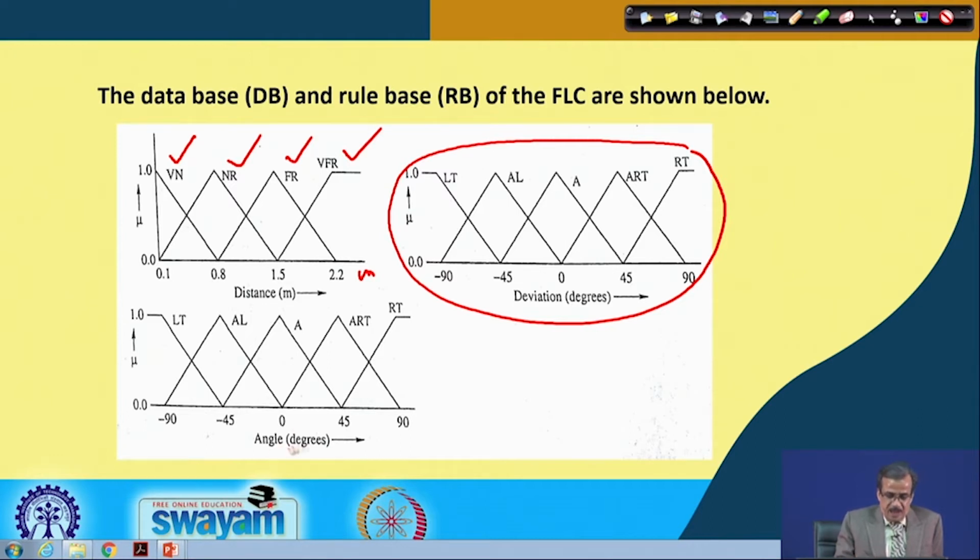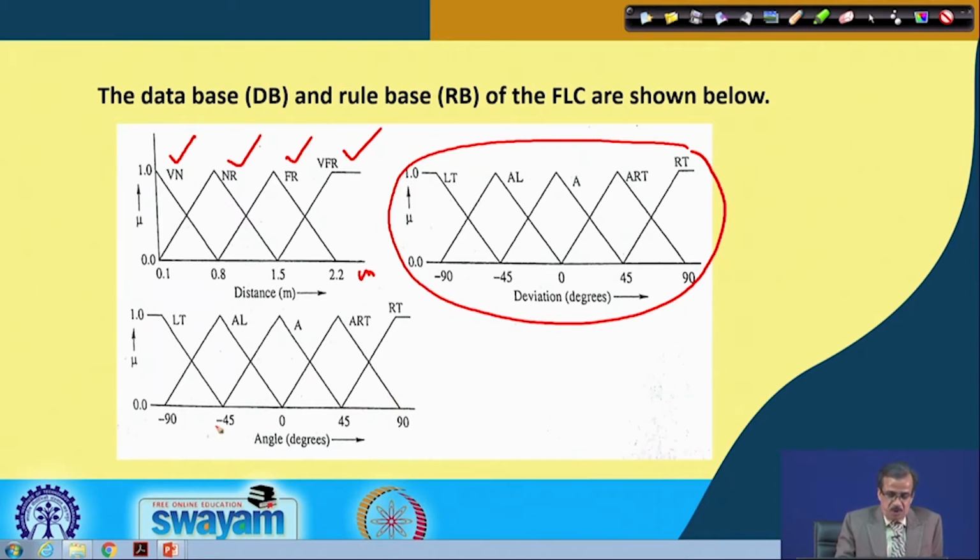Now, the angle input range is divided into 5 linguistic terms. If the angle is between minus 45 to 45, minus means, say, clockwise, and plus is anti-clockwise.